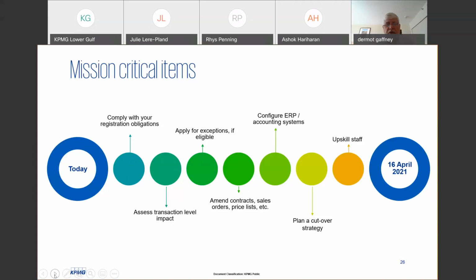Remember, VAT is new to everybody in Oman. And therefore customers may not have an understanding of why VAT has been added to something and where it hasn't been added to something else. So it's going to be important that your front of house staff have a general understanding of VAT, and that'll get you ready for 16th of April.